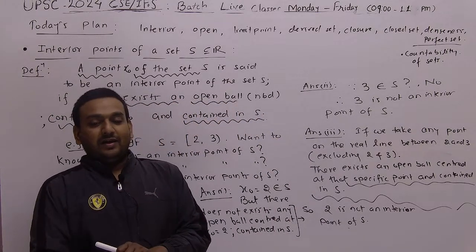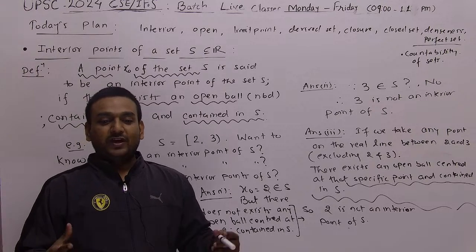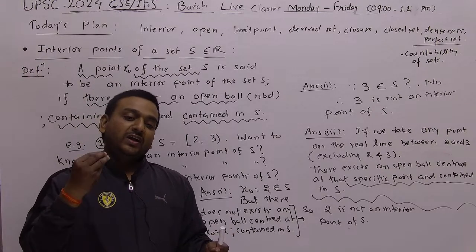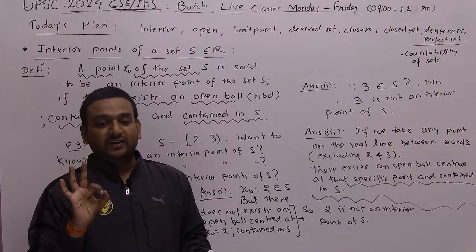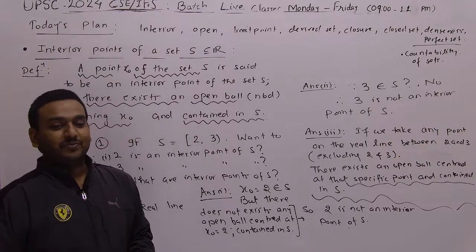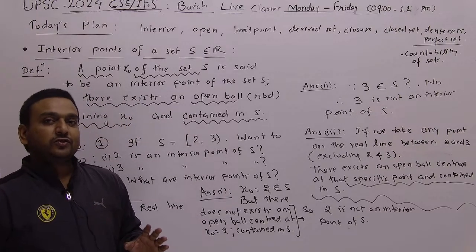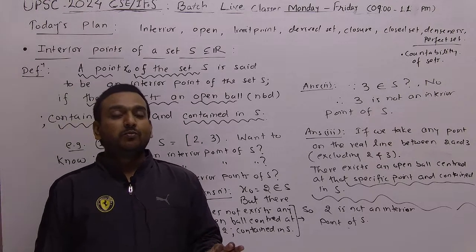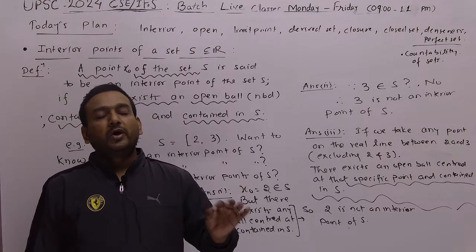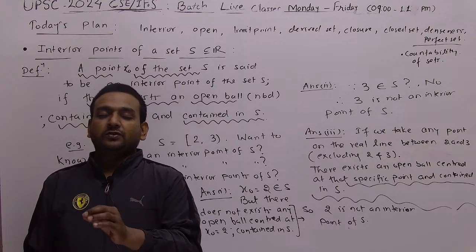Anyone, what number are you thinking of, such that there will not be any open ball centered at that point? Tell me. If you say 2.00001, I will say take an open ball of radius 0.00000000001.